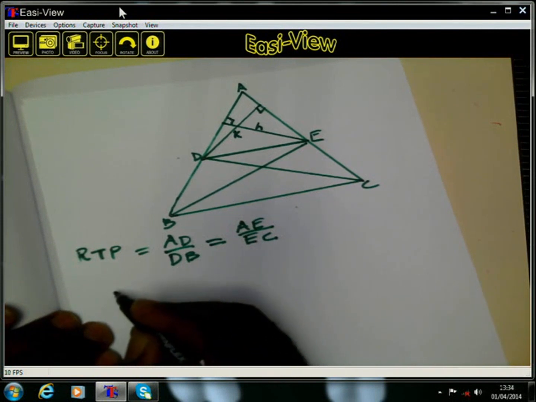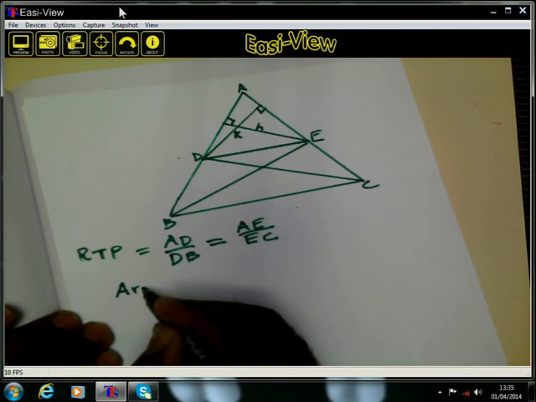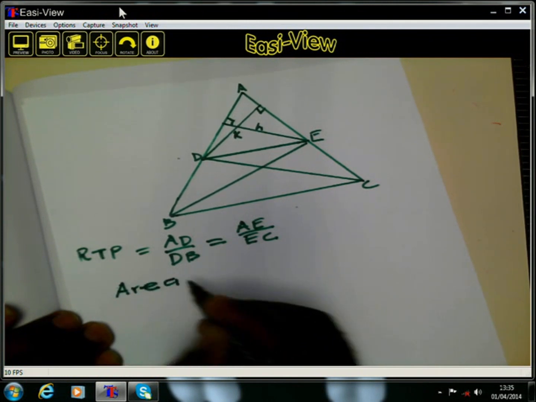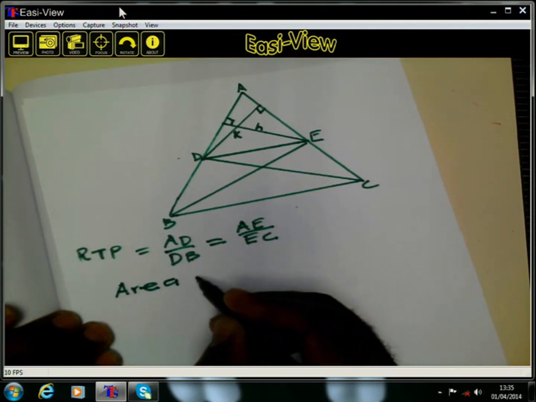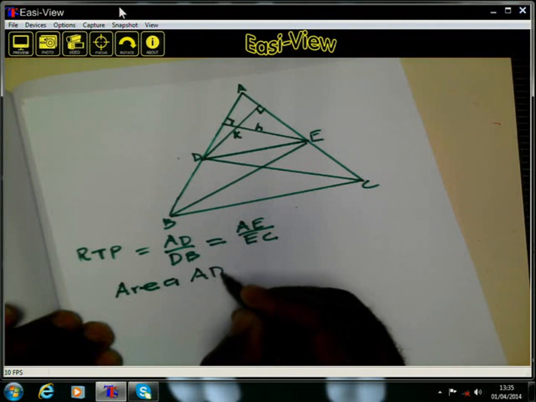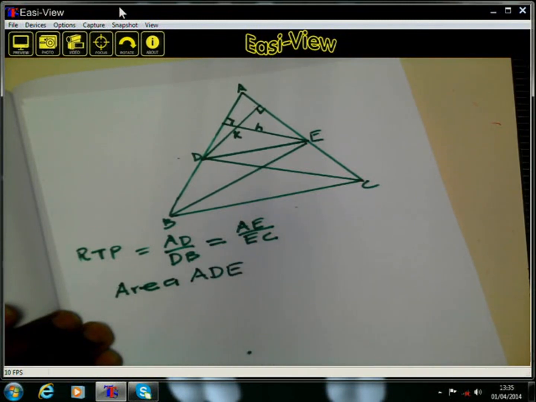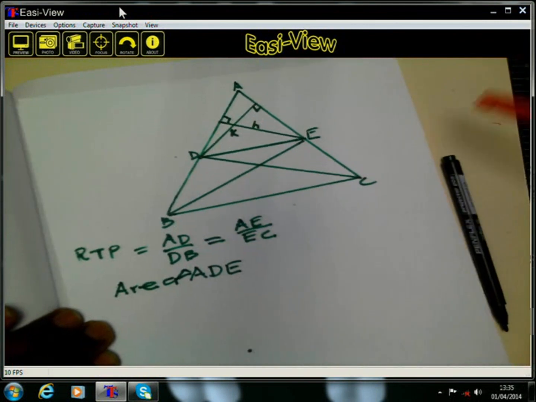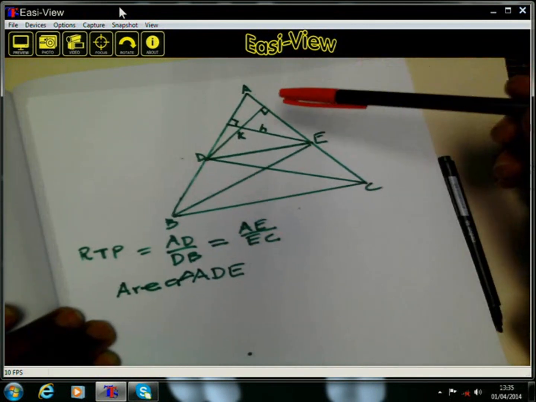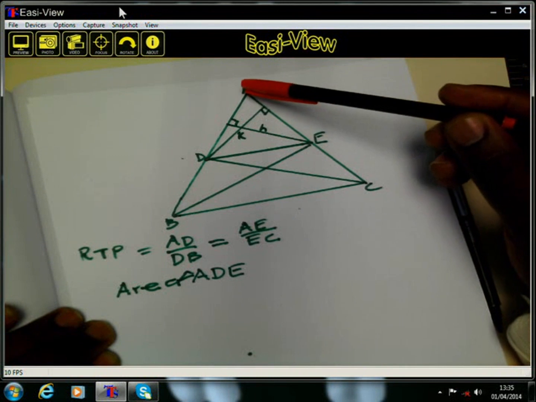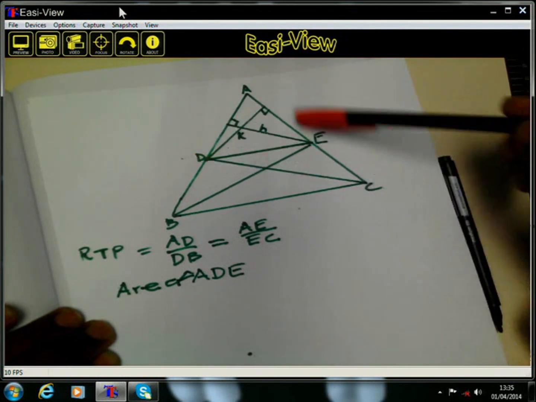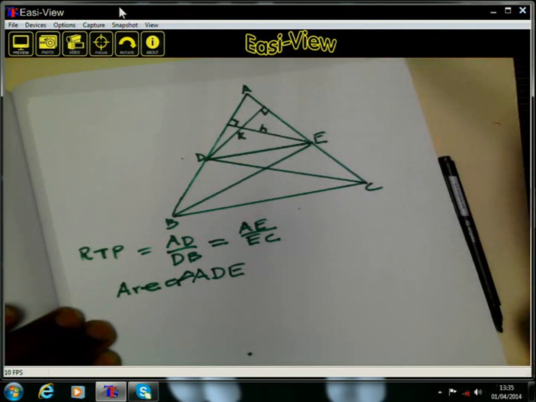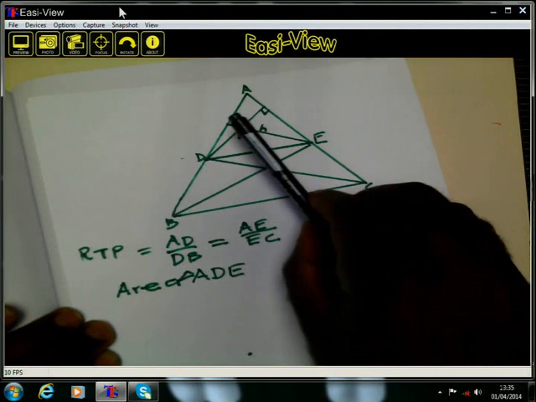Let's quickly define what the area of triangle ADE is all about. I hope you are watching the triangle in question. We are looking at triangle ADE. That is the top triangle. Fine. We can deal with this.